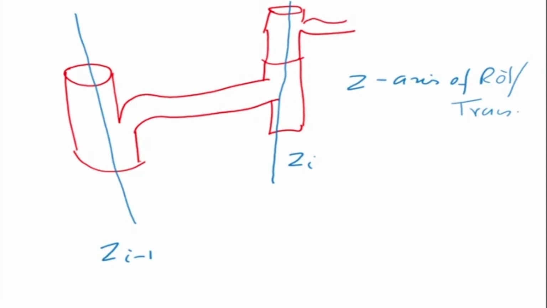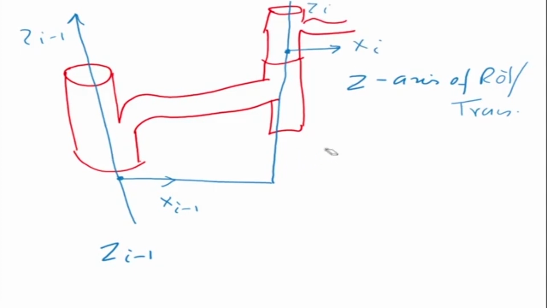Next, we fix our x-axis, which is the shortest distance between the two frames. So my x-axis is going to be in this direction. If I say this is the shortest distance, then this is my x i minus 1, and this is my z i minus 1. Similarly, on this point, this is my x i, and that's my z i.